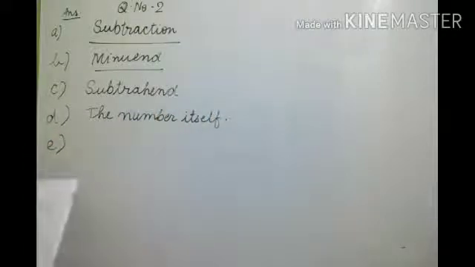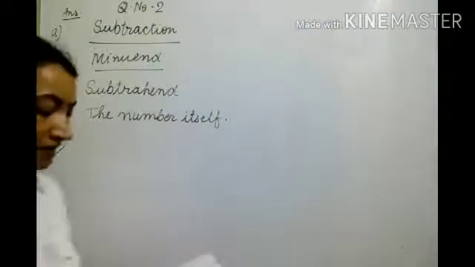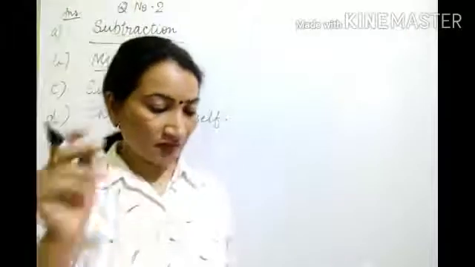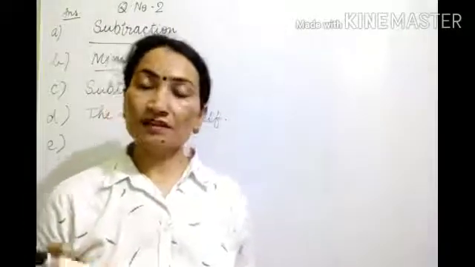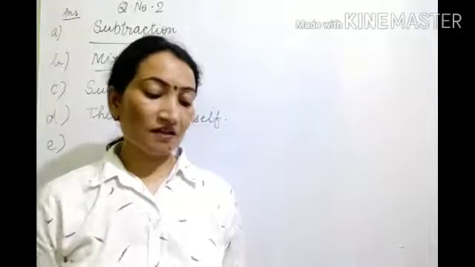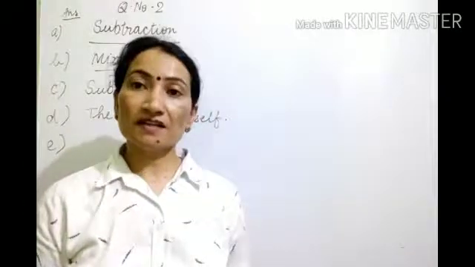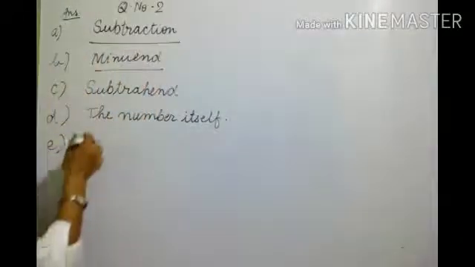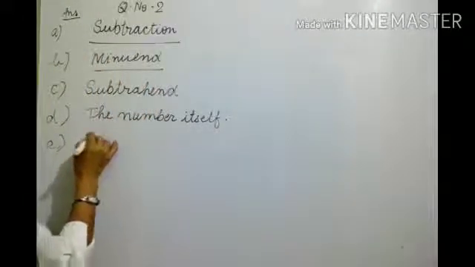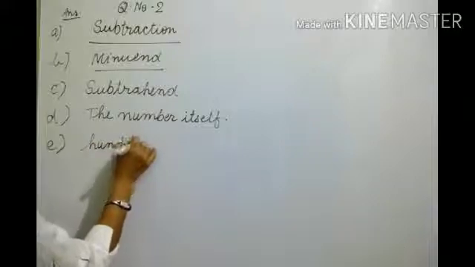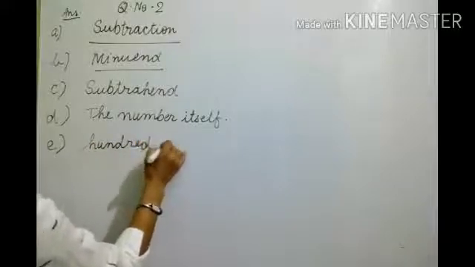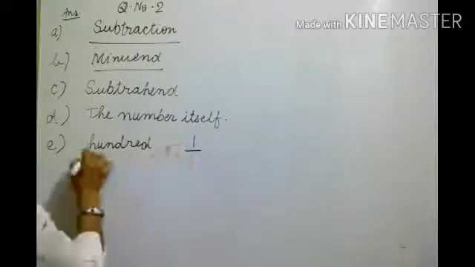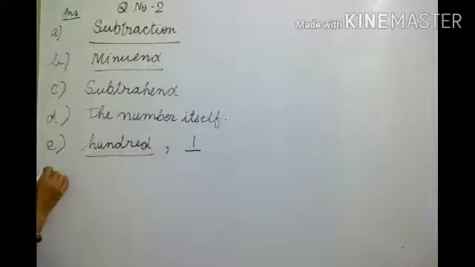E part. If we subtract 100 from any number, I have told you in the subtraction facts, if we subtract 100 from any number, the digit at the 100s place is decreased by 1. So what you will write in the first blank: 100s place, decrease by 1. So 2 blanks are here. We will fill them.